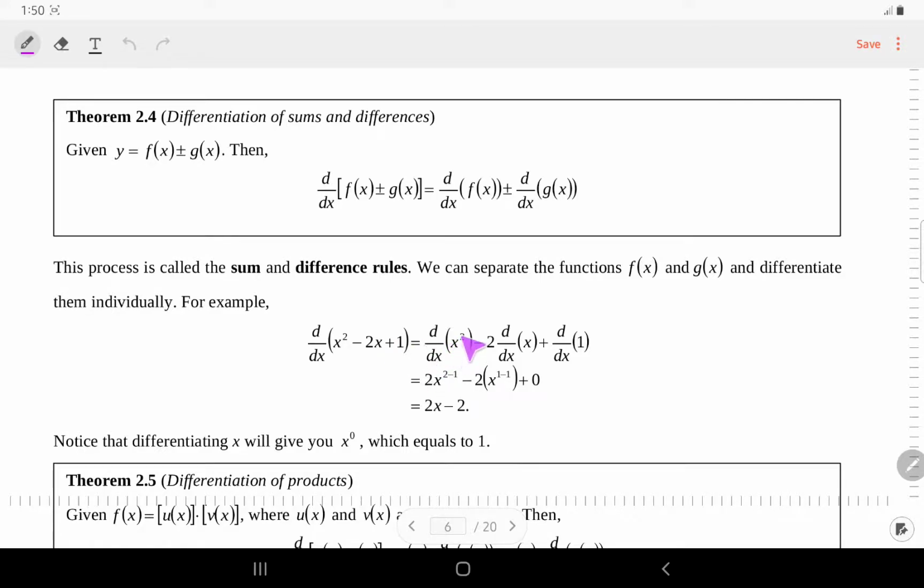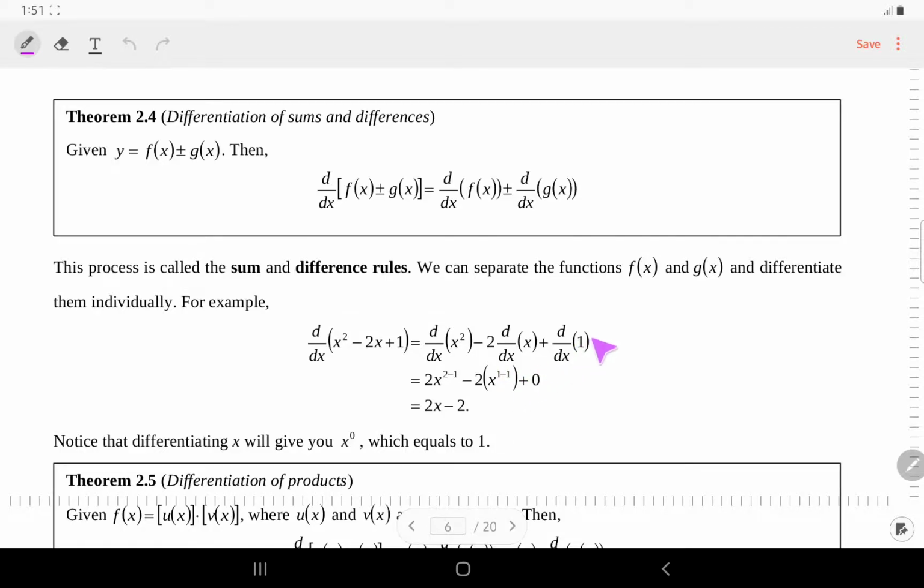Differentiate x squared, it will become 2x, minus, differentiate 2x. 2 is a constant, so we can bring it in front, negative 2, and then x is x power of 1, so we can use the power rule, x power of 1 minus 1.